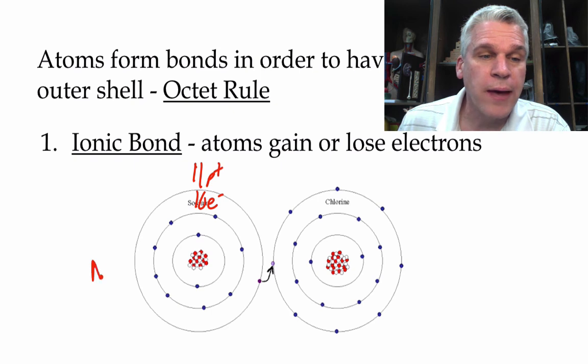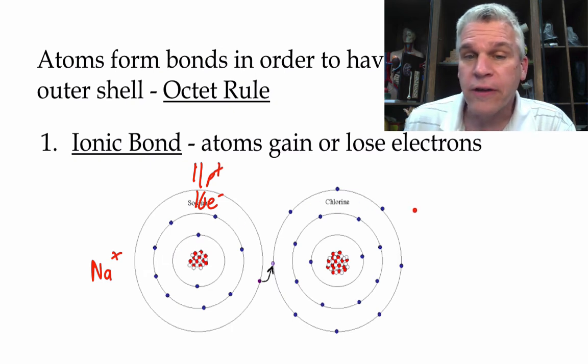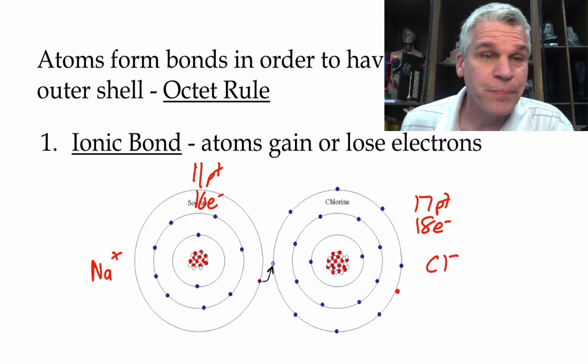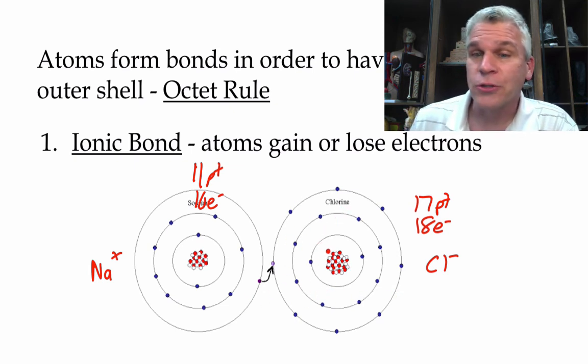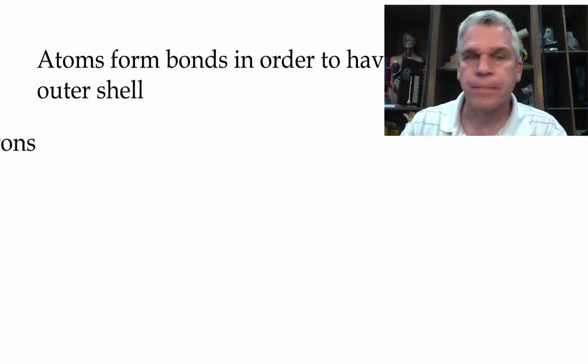So this sodium atom becomes positively charged because it has lost an electron. Chlorine, on the other hand, which has 17 protons, now has 18 electrons. So chlorine is now negatively charged. And if we were to add water to this sodium chloride, this salt, the sodium would be positively charged, the chlorine would be negatively charged.